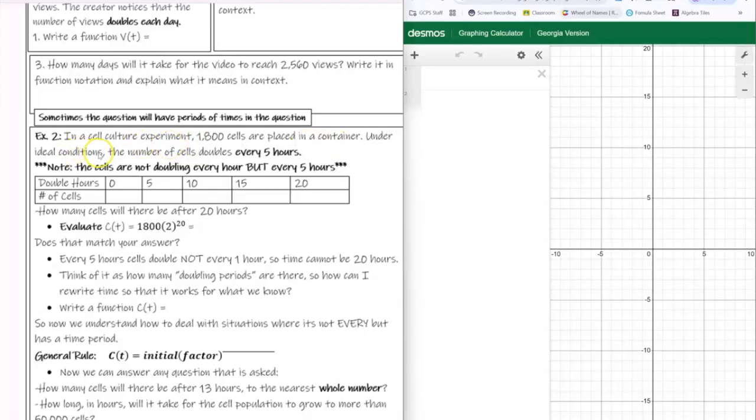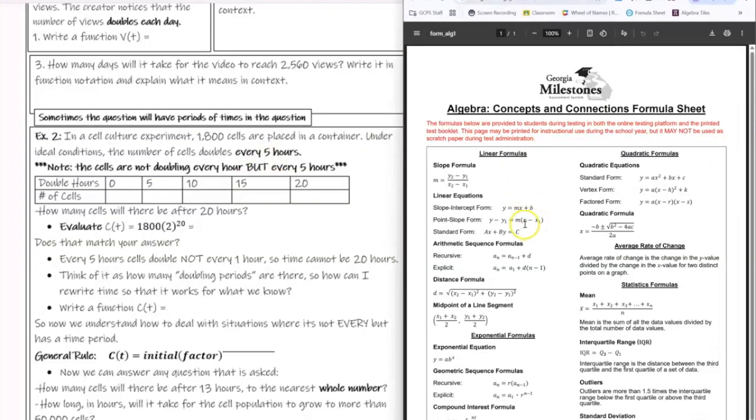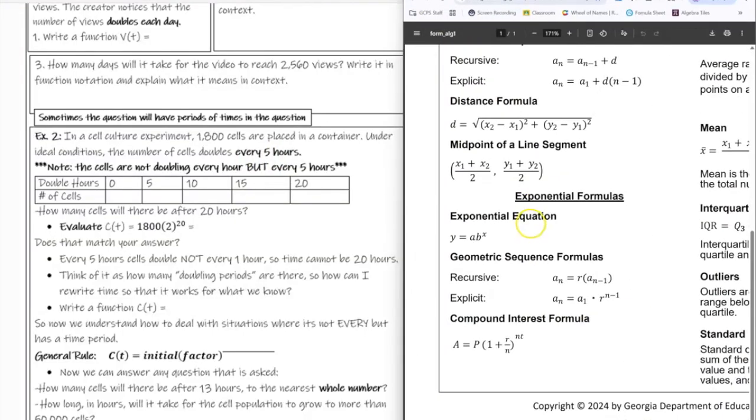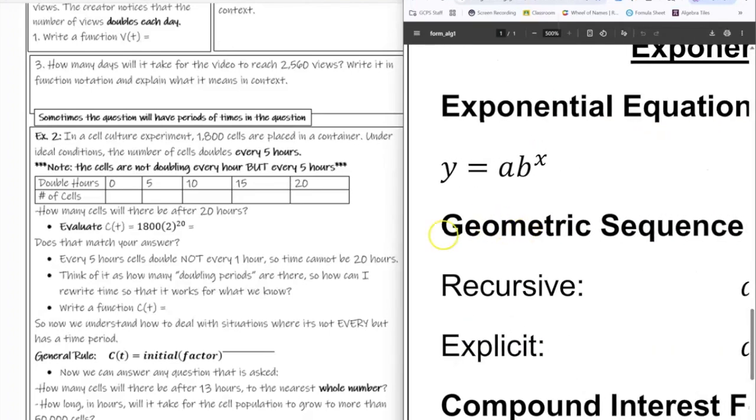Under ideal conditions, the number of cells doubles every 5 hours. So going back to our exponential function that we're given in our formula and understanding what each letter means, remember you have A, which is your initial, B is your growth or decay factor, and then X is time.